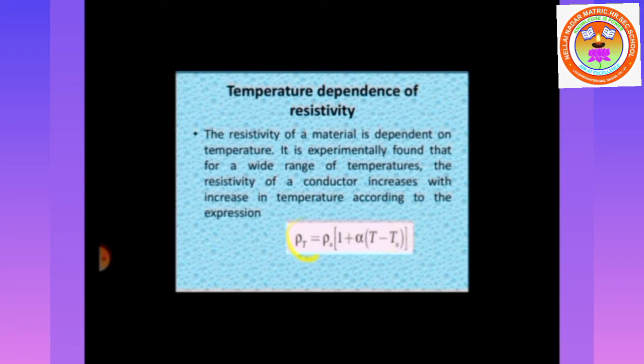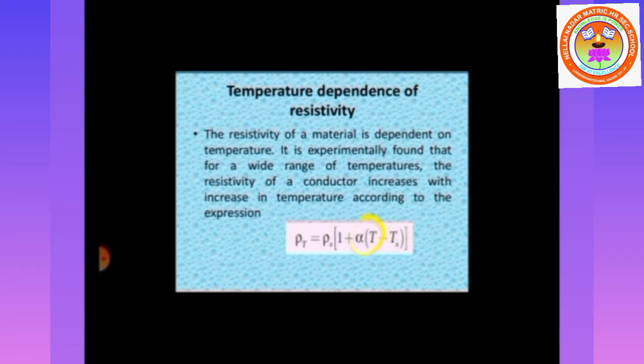Here rho T is the resistivity of the conductor at a particular temperature. Rho naught gives the resistivity of the conductor at the reference temperature, usually noted at 20 degrees Celsius.